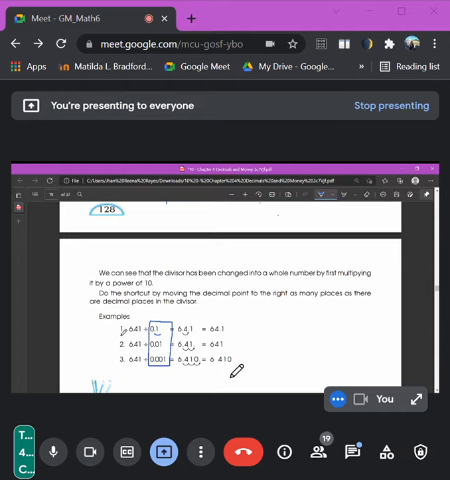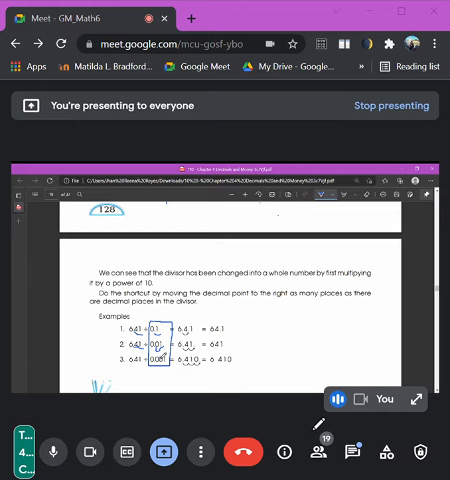So you have 6.41, you move 1 decimal point. So your answer is 64.1. And then this one has 2 decimal points, so you move 2 to the right again. 1, 2. We have 641.